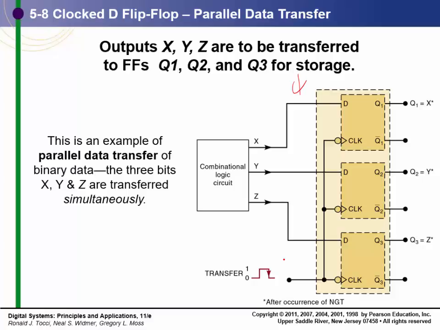Because remember, if this is coming from A to D, it might be changing with time. So we grab this data all at the same time. The key word is transfer simultaneously, and not only simultaneously, but we can control the sampling rate, how fast or how often we grab this data.